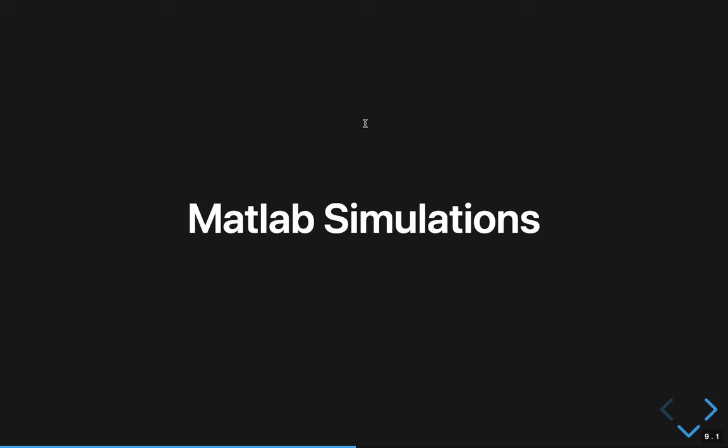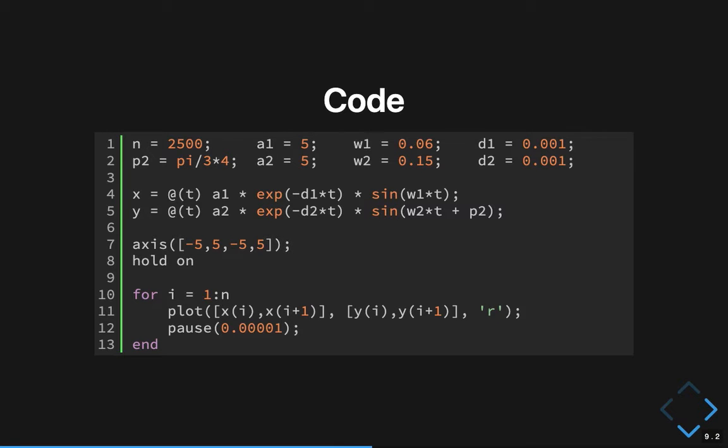And let's see the MATLAB simulations. It is the code. N is the number of points, and A1, A2 are the amplitudes, and W1, W2 are the frequencies, and D1, D2 are the damping coefficients, and P2 is the phase.